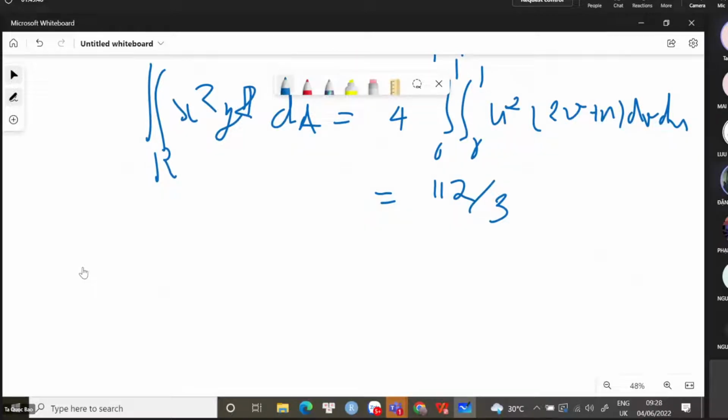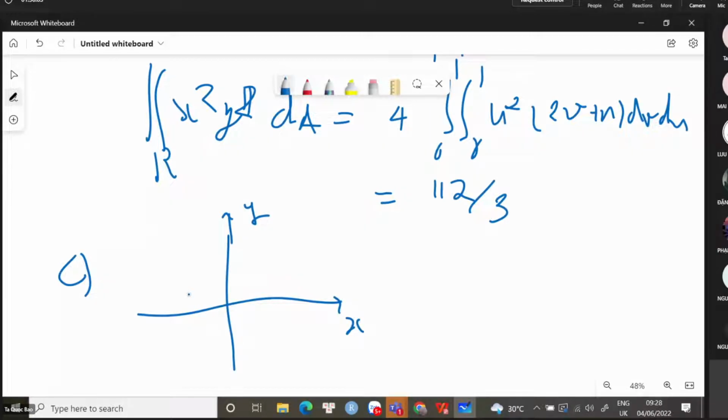Question C. Question C looks at our region R in x and y. Our region R looks like this. By changing variables, the region is very beautiful.